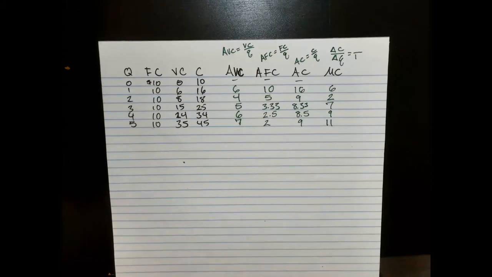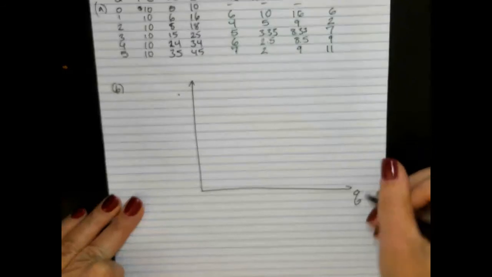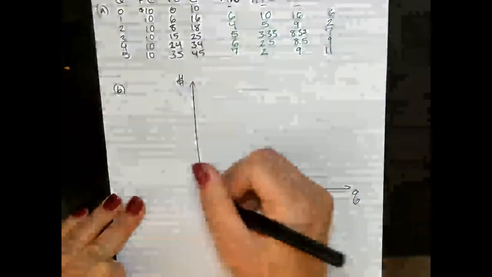The next part I ask you to do is graph the cost curves. Graph average variable cost, average fixed cost, average total cost, and marginal cost. So let's do that together. So that's A, B, we have the quantity for a given firm, the costs associated with it.